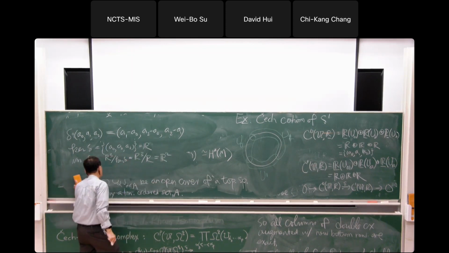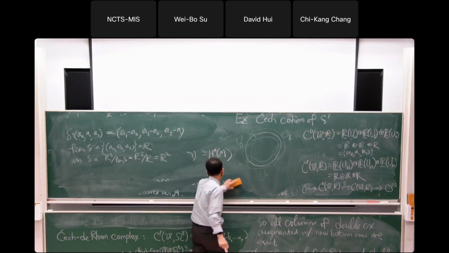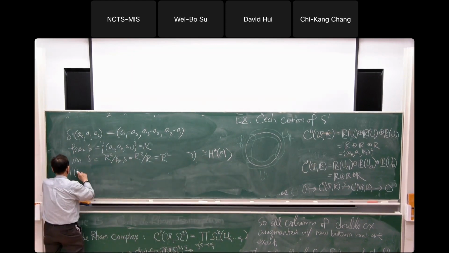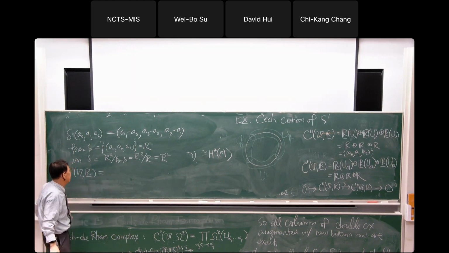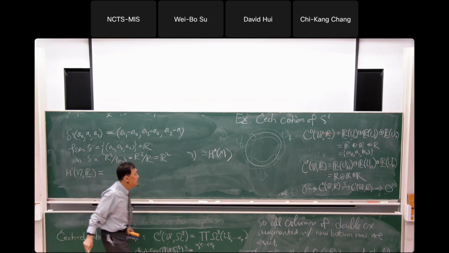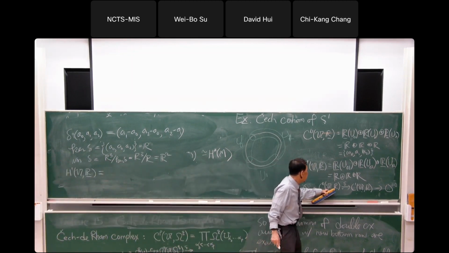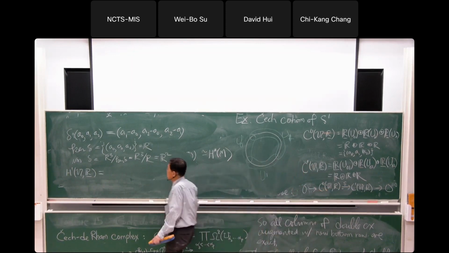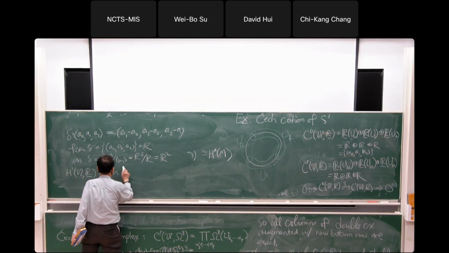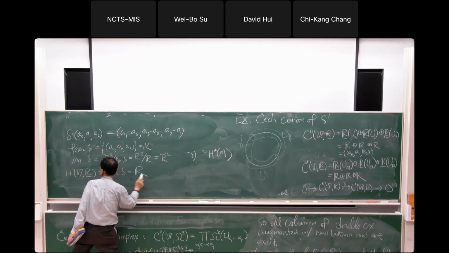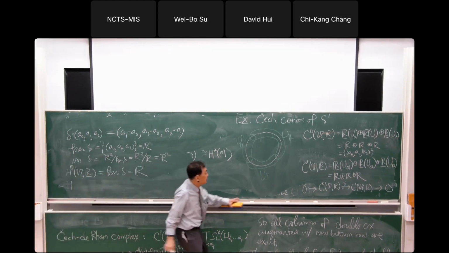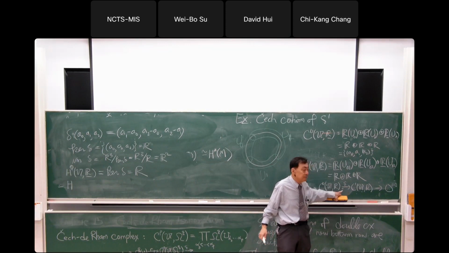Okay? And so H0 of this open cover is just the kernel of delta, so it is R. Sorry, I first said H1, but that's H0. H0 here is the kernel of delta.